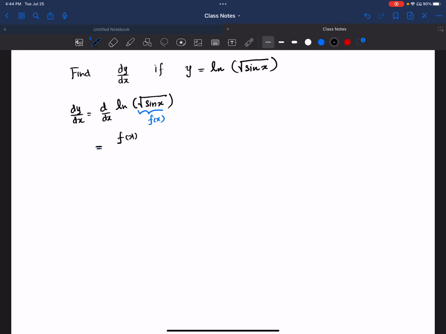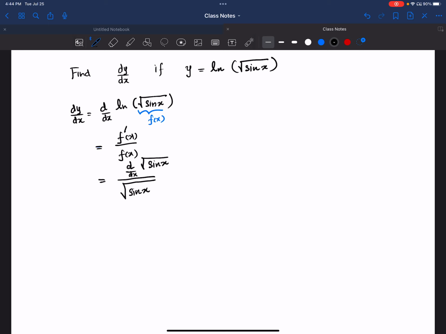So the solution would be f prime of x divided by f of x. So f of x is square root of sine x, and f prime of x is d over dx square root of sine x.